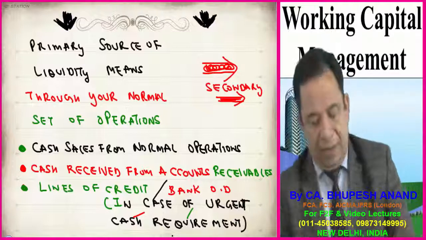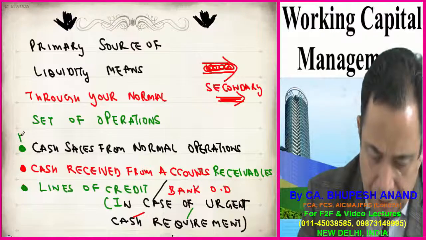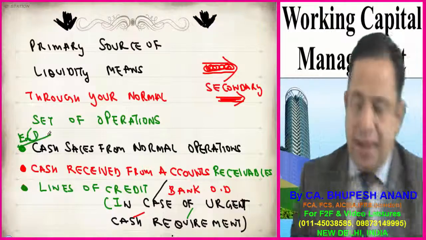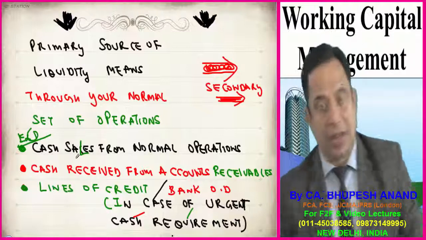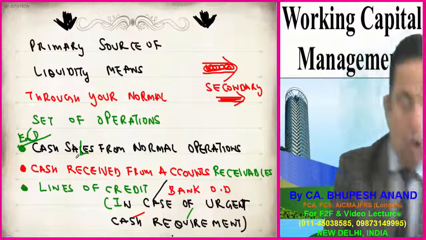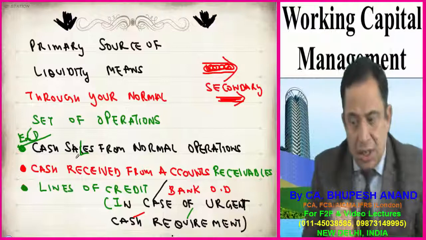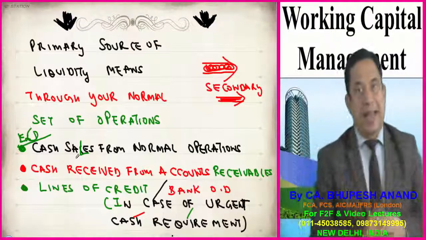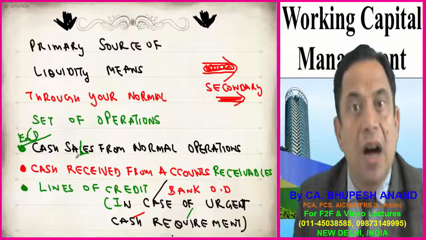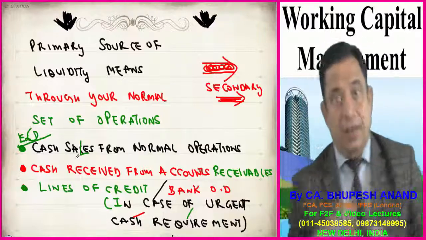For example, I have written three examples. Example number 1: cash sales from normal operations. Cash received from accounts receivables. It means from debtors.